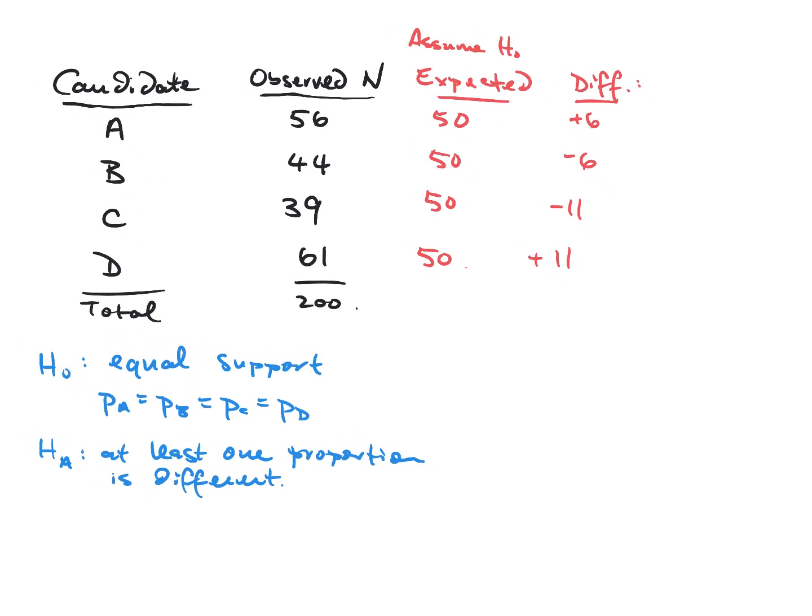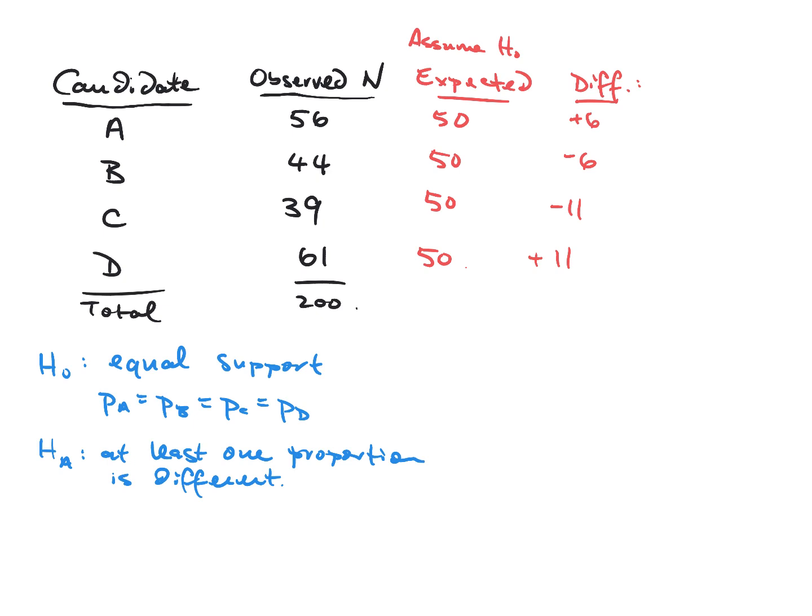So, got it? In a sense, what we're doing is testing whether these differences are substantial enough to care about them. The direction of the difference doesn't matter to us; being 6 above or 6 below, those are off by the same amount. A way that we get rid of the positives and negatives is squaring the values, and that's really the logic behind the test.